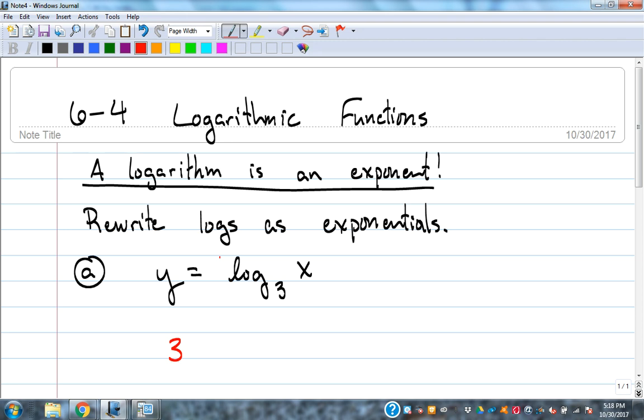Always since 8th grade math, when they're translating equations out of words into equations, we tell them if you see the word "is," that means put an equal sign. So this logarithm is an exponent. So the exponent is the y. Okay, so it's 3 to the y. And then the only thing left that we hadn't used yet is the x.